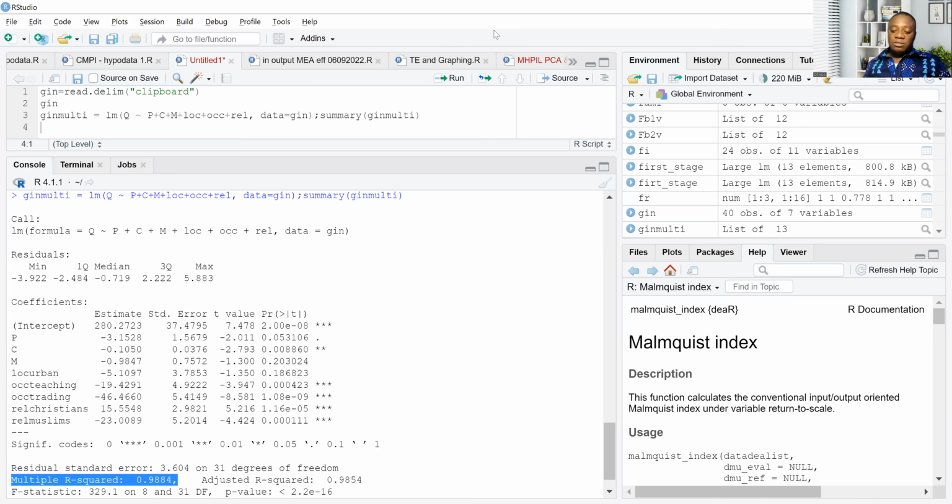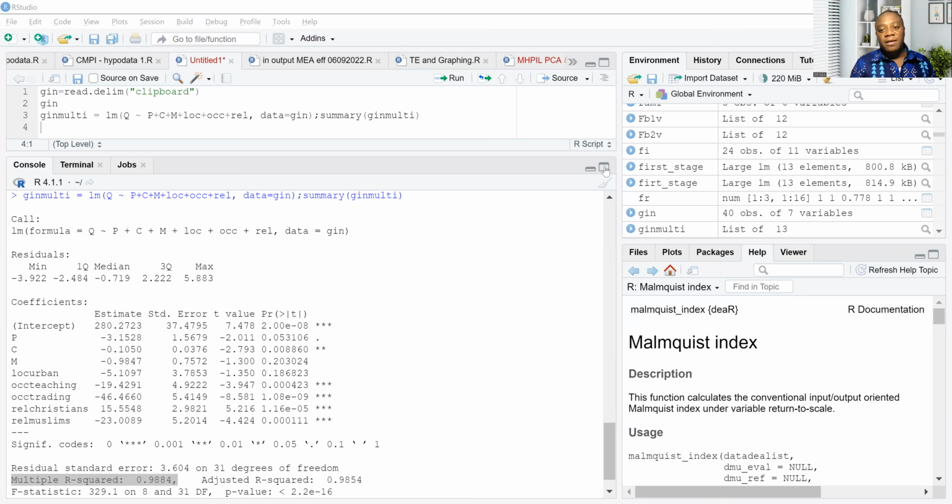Let's go to the next question. The next question is this. Please put this on. Are the coefficients jointly significant? Please, I will encourage you to pay attention, okay? It's very important because when you don't pay attention, you'll be stuck at some point.